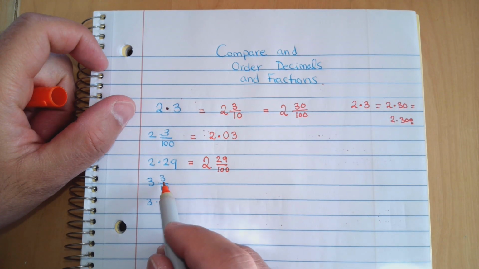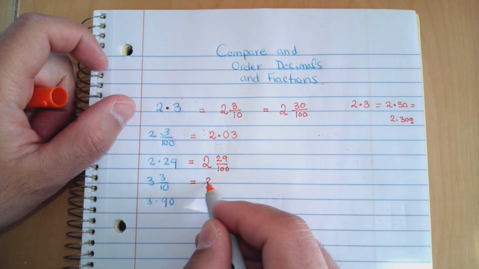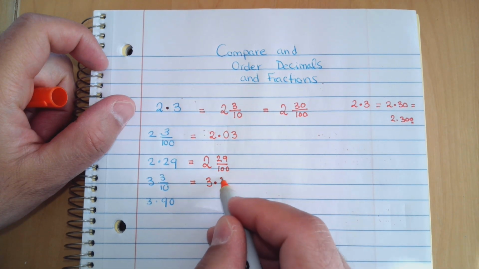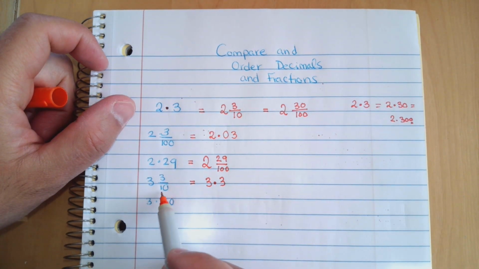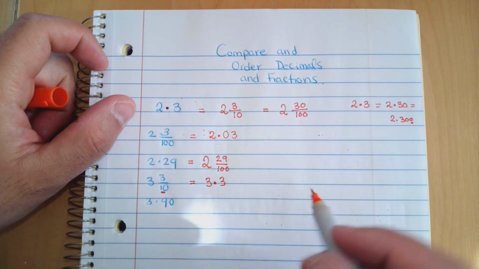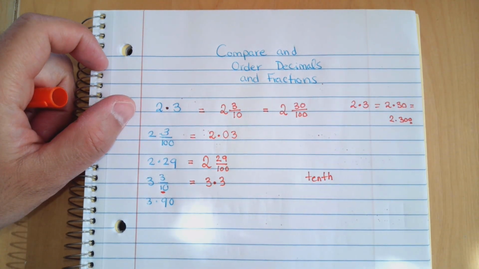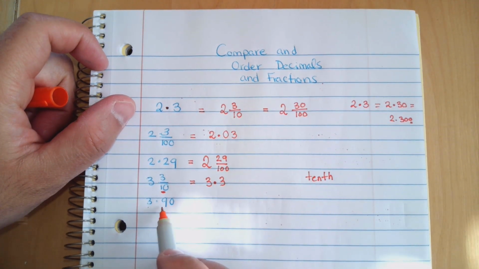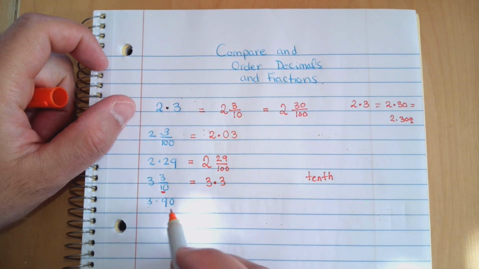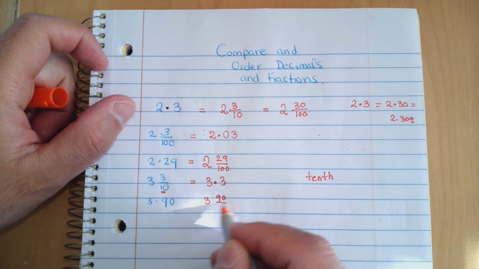And 3 and 3 tenths becomes 3.3, because this 3 is in the tenth place value. Remember, tenth. And this 3 and 90 hundredths becomes 3.90.